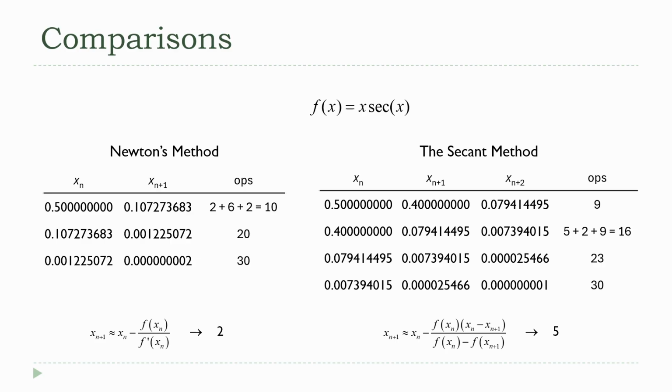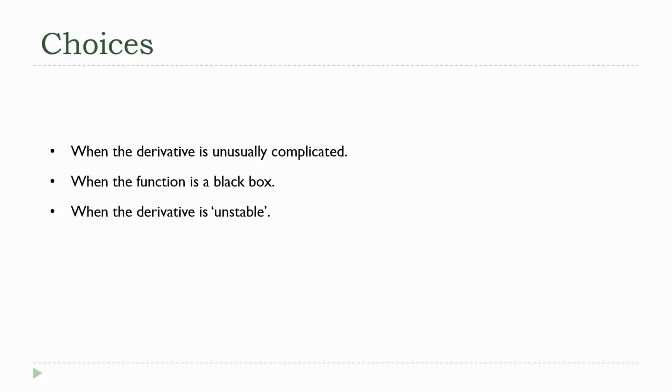So, that raises kind of an obvious question, right? When is one of these methods preferred over the other? The secant method is preferable when the derivative is unusually complicated. It wasn't too bad with our x secant of x function, but it's not hard to come up with functions that could be worse.